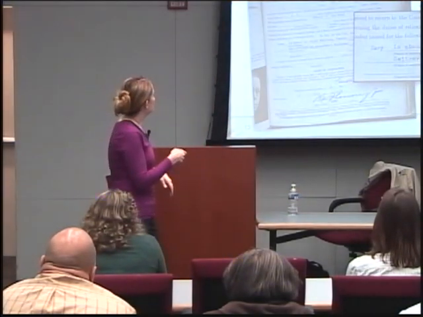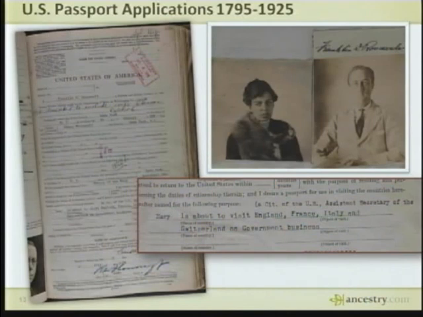So, passport applications. Now, I have this listed under immigration records, and this is probably a little bit of a misnomer, because passport applications are obviously for U.S. citizens. A couple things I love about passport applications. This is President Roosevelt and his wife, actually before he was the president. If people were going to travel abroad, just like today, you have to fill out passports.